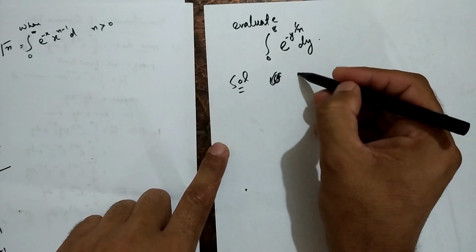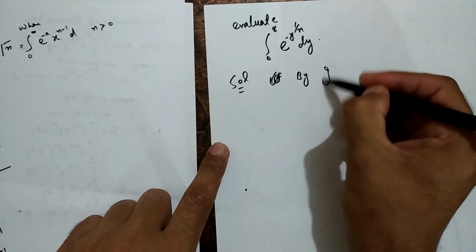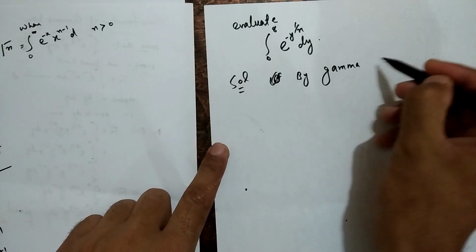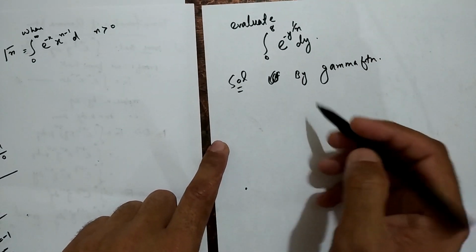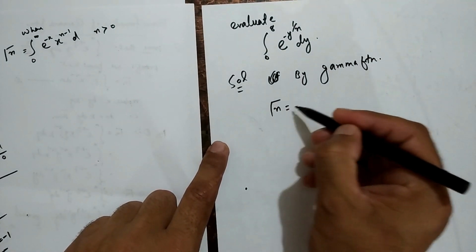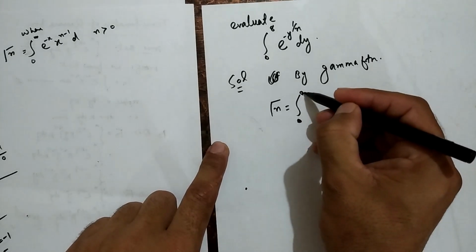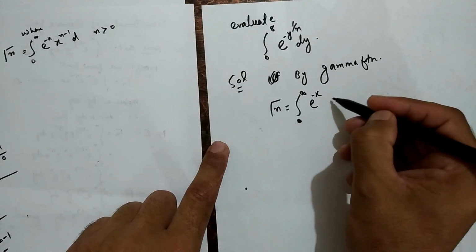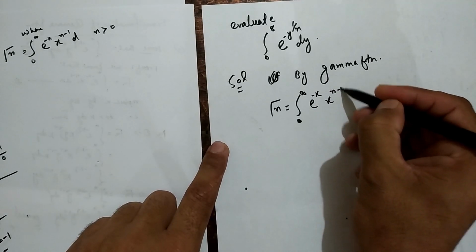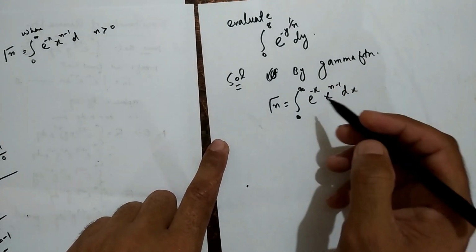By the gamma function, gamma n is equal to the integral from 0 to infinity of e to the power minus x, x to the power n minus 1 dx.